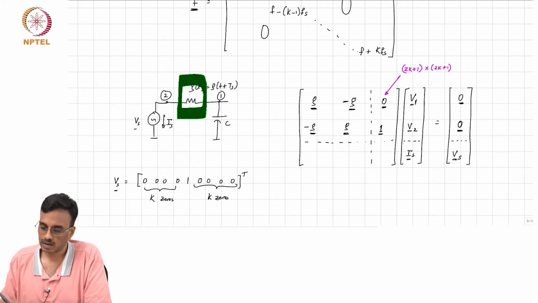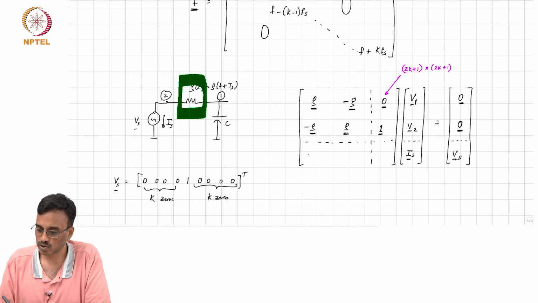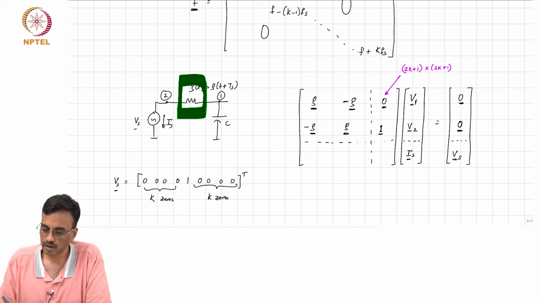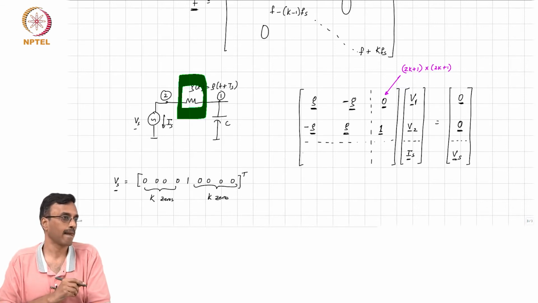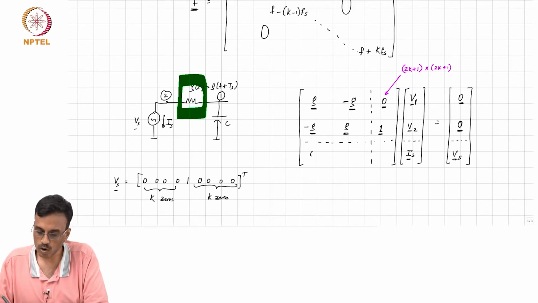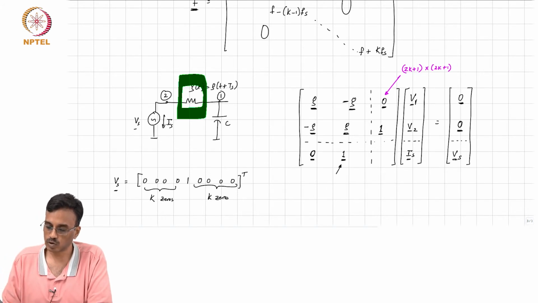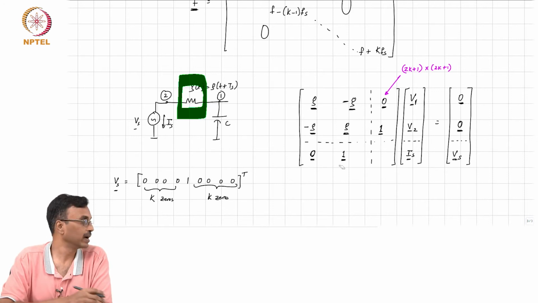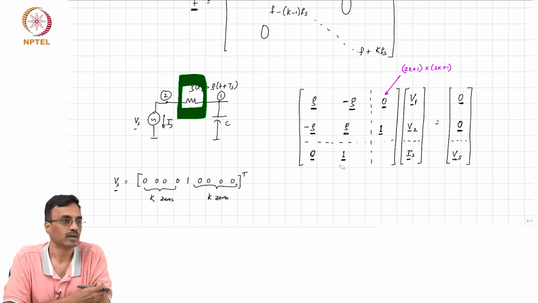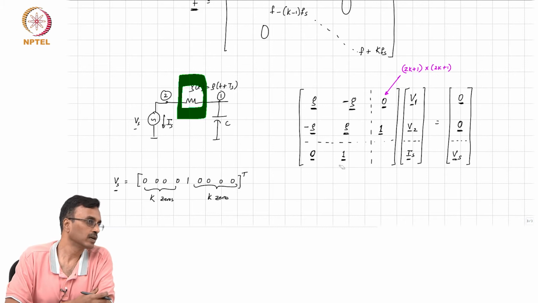And the last one, the last row, zero. What should this be? 1, where this is also an identity matrix of size 2k plus 1 cross 2k plus 1.